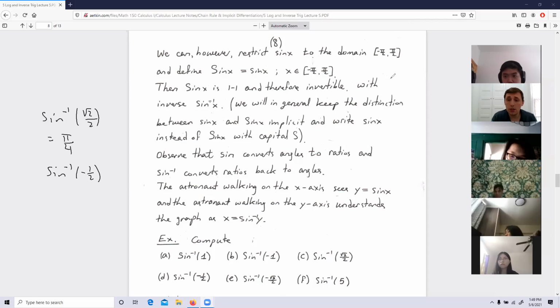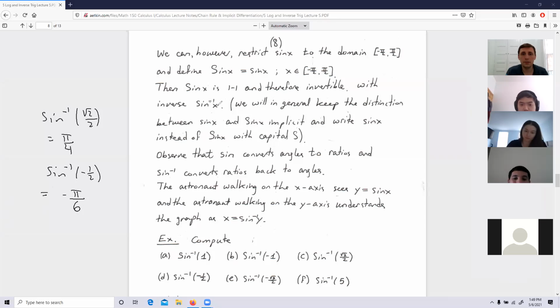And if you forget, you should be able to construct the triangles, just as we spent so much time on trigonometry. Remember, we spent, I think, 2-3 lectures on just understanding the basics of trigonometry. I hope it was not in vain. So this is minus pi over 6. Good? Let's continue this game.